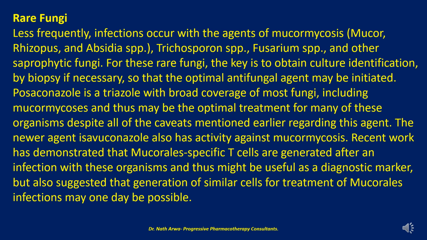Posaconazole is a triazole with broad coverage of most fungi, including mucormycosis, and thus may be the optimal treatment for many of these organisms despite all of the caveats mentioned earlier regarding this agent. The newer agent isavuconazole also has activity against mucormycosis.